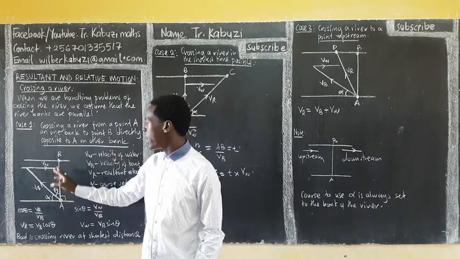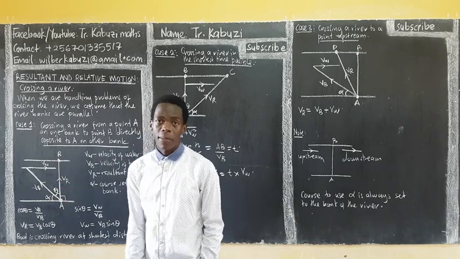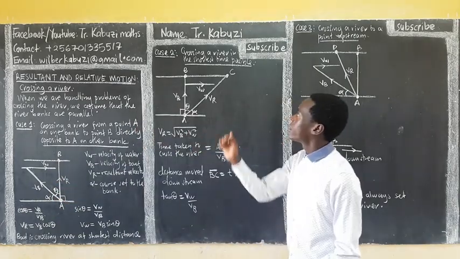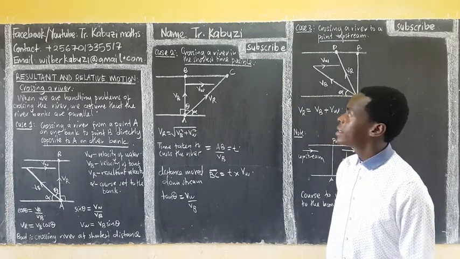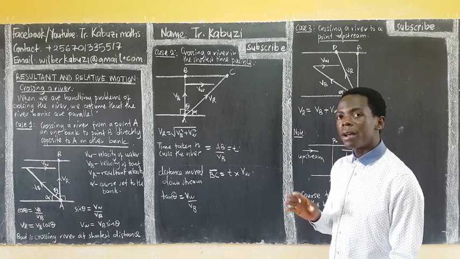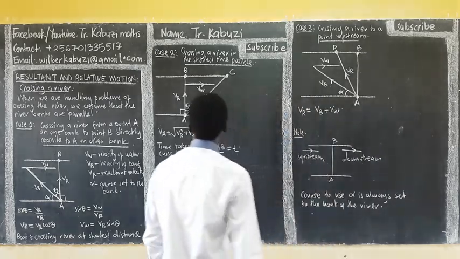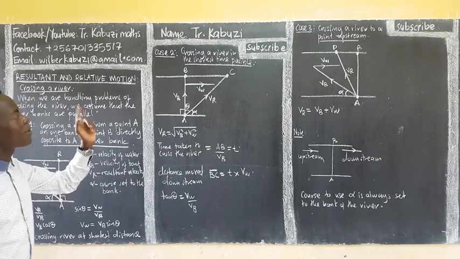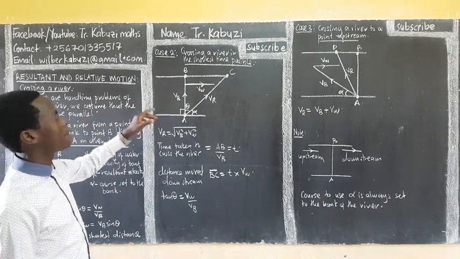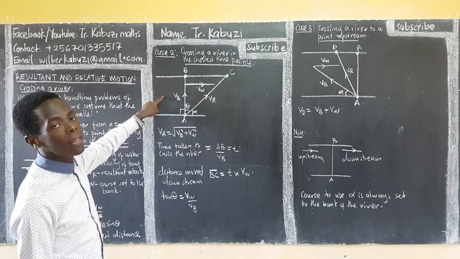You see that this is going to be a shorter distance to cross, because the resultant is what we are going to be using there. Let's go to case 2, crossing a river in the shortest time. Crossing a river in the shortest distance is different from crossing the river in the shortest time possible. So take note. If we want to cross the river in the shortest time possible, it means we should use the flow of the river.